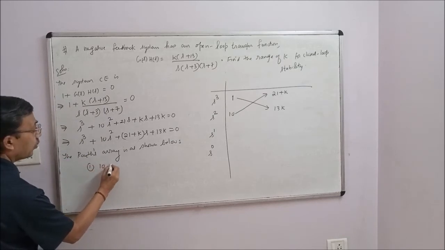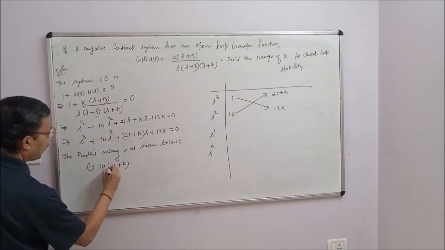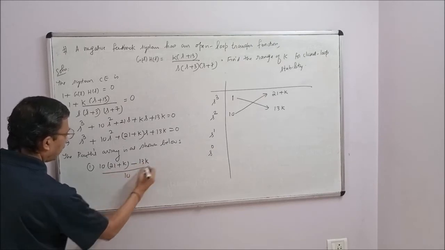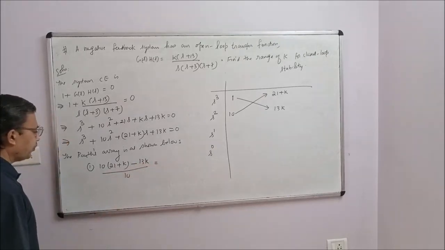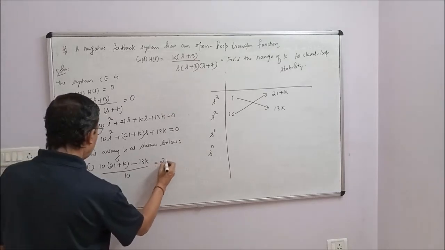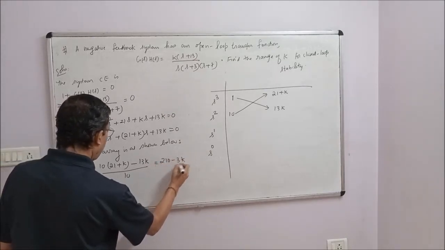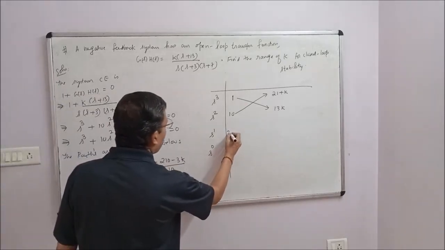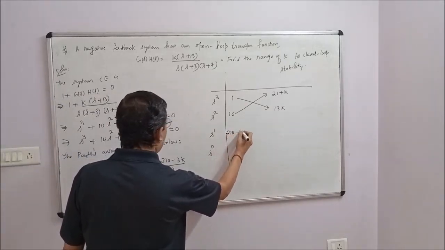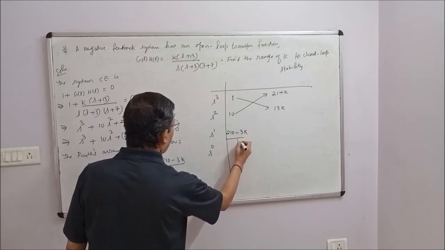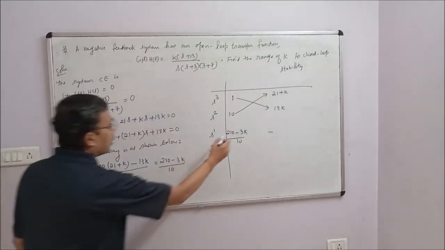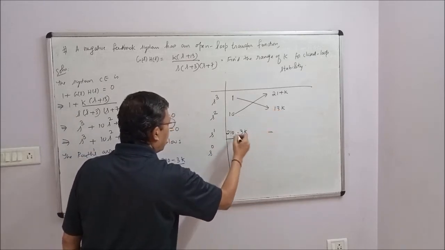It is 10 into (21 plus K) minus 13K divided by 10. So this is (210 minus 3K) divided by 10, and the next entry is nil. The next element is this into this minus this into this by this.